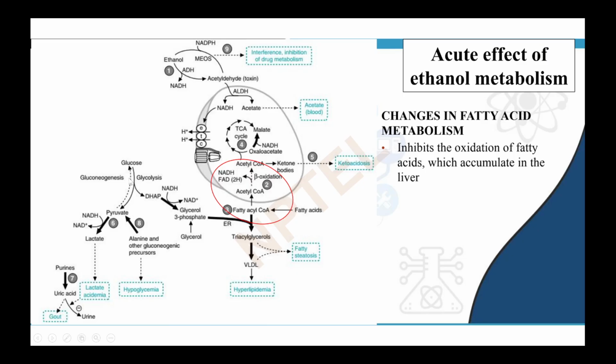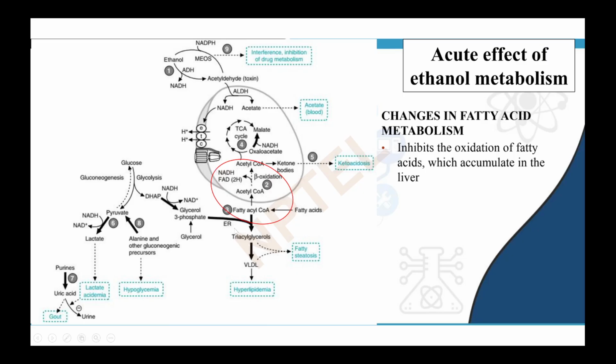So more and more the pyruvate, instead of entering the TCA, goes towards the lactate, where the cytosolic NADH is being utilized. But majorly the high NADH amount goes and inhibits the beta oxidation pathway.